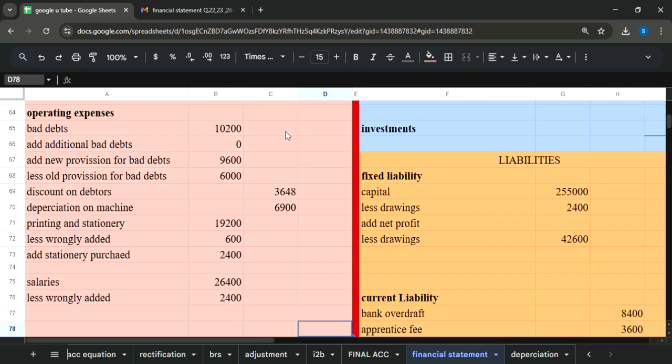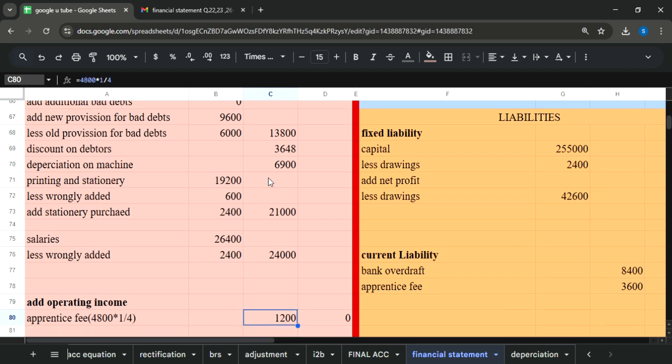Here we will start our calculation for bad debts. First bad debts, then you will add additional bad debts, then you will add new provision, subtract old provision, for the final answer for bad debts. And here you will calculate stationery: printing, subtract wrongly added, and then add new stationery purchased. For salaries, the amount of salaries less the wrong entry.